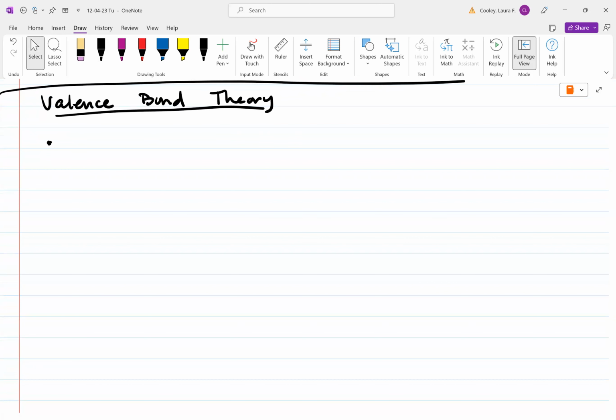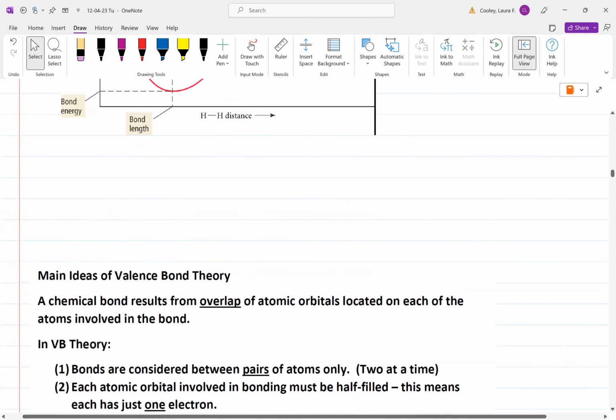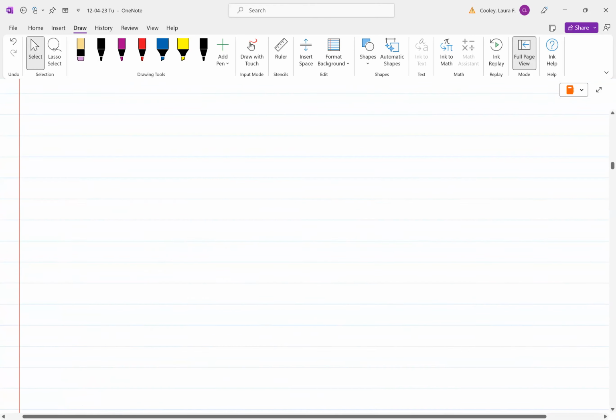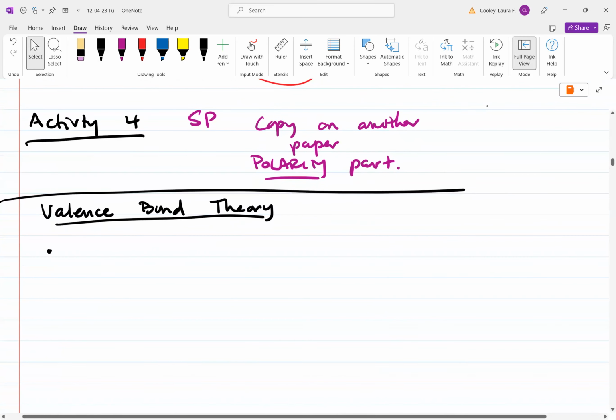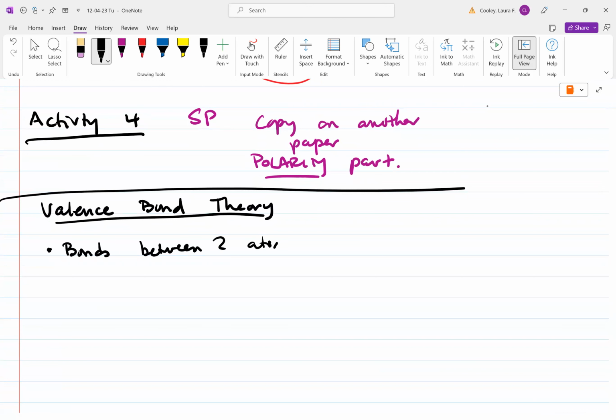So as an introduction, it handles bonds between two atoms at a time, as you might imagine, and these bonds form from overlaps of atomic orbitals.